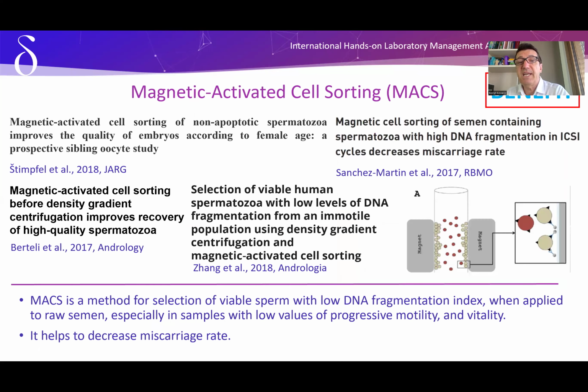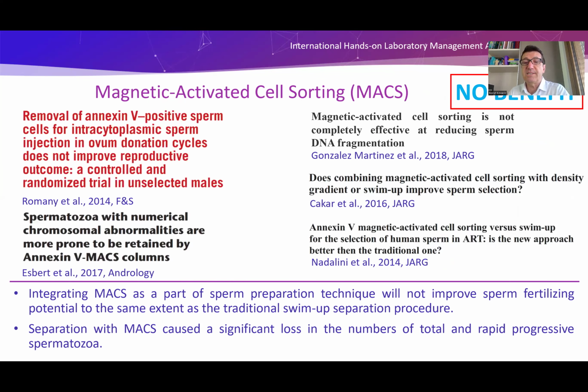So regarding magnetic activated cell sorting, or so-called MACS techniques, there are many papers that presented the benefit. The conclusion of all these techniques can be that MACS is a method for selection of viable sperm with low DNA fragmentation index when applied to raw semen, especially in samples with low values of progressive motility and vitality, and it helps to decrease miscarriage rate. But later, the same number of papers can be found presenting completely no benefit.